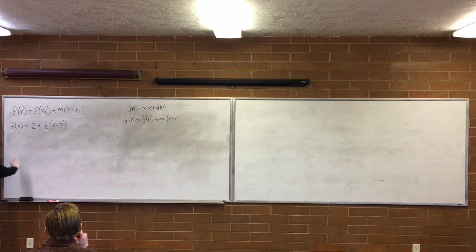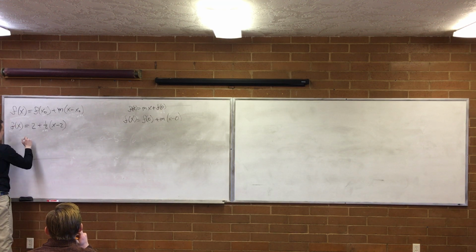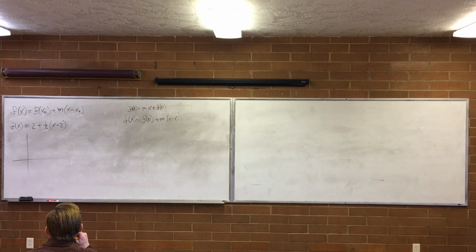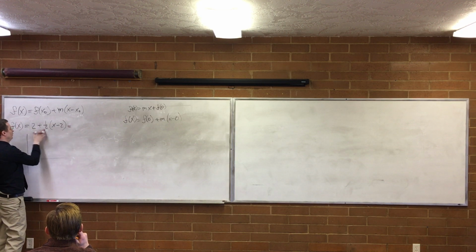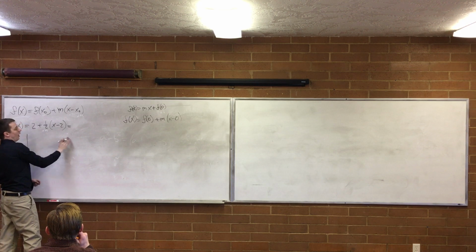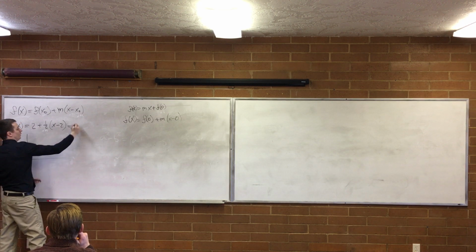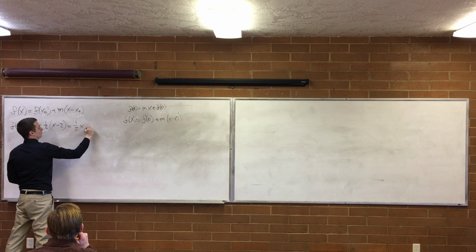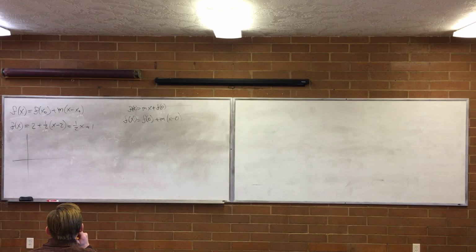Right? So let's just graph it real quick and see this in action. Maybe for the sake of plugging in, writing this out real quick, a little simplified. So I'm going to do 1/2 x plus 1. You good with that? Okay. So now we can just pick values and see what we get.